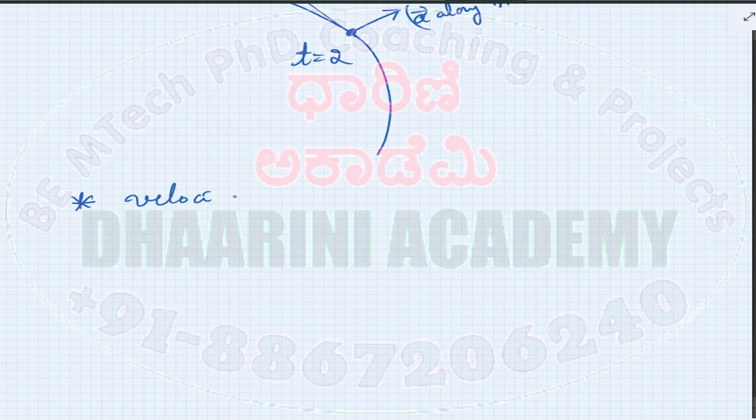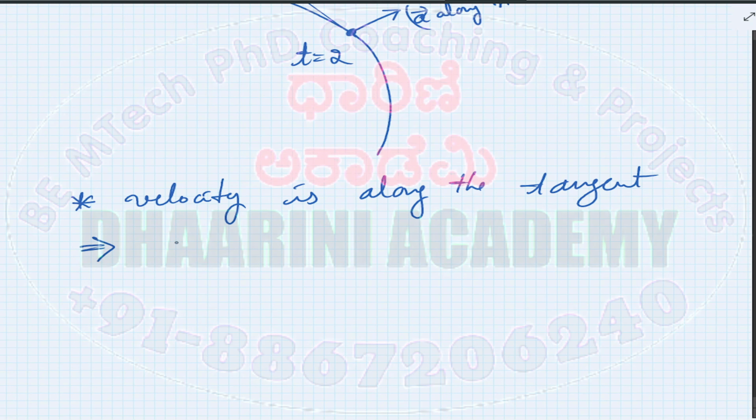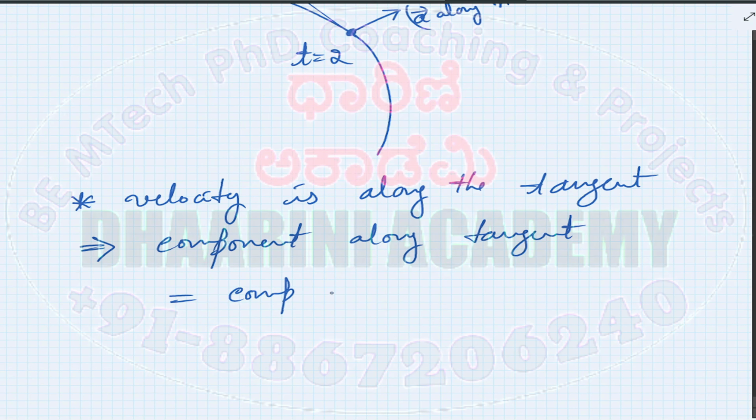Velocity is along the tangent, right? Since the velocity is along the tangent, this implies the component along tangent is equal to the component of vector A, that is acceleration, along the v vector.